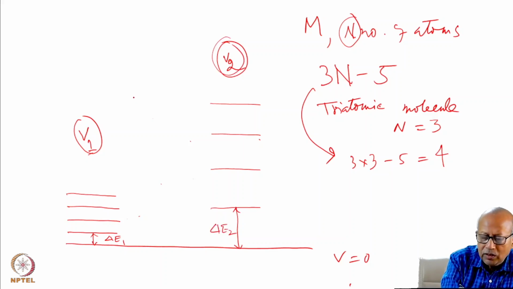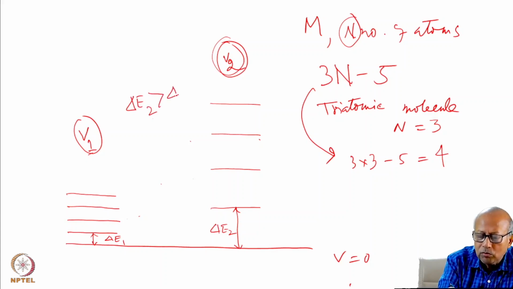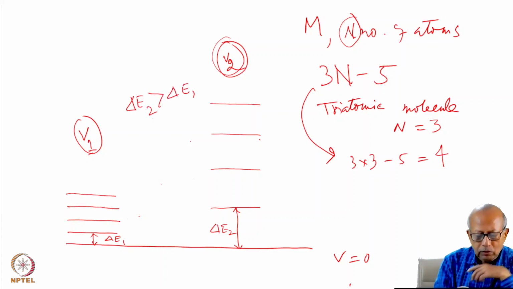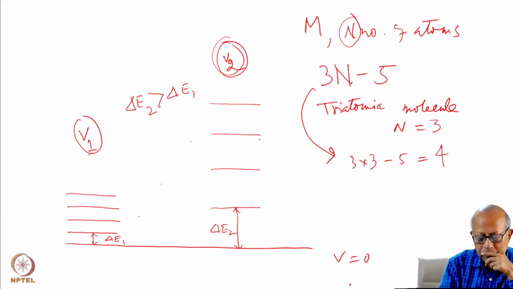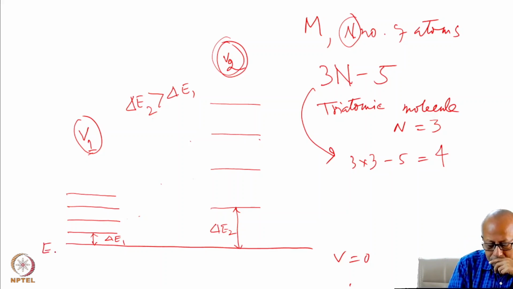As you can see, we have considered a situation where delta E2 is more than delta E1. So suppose this is E0, this is E1, E2, E3, E4, and so on.